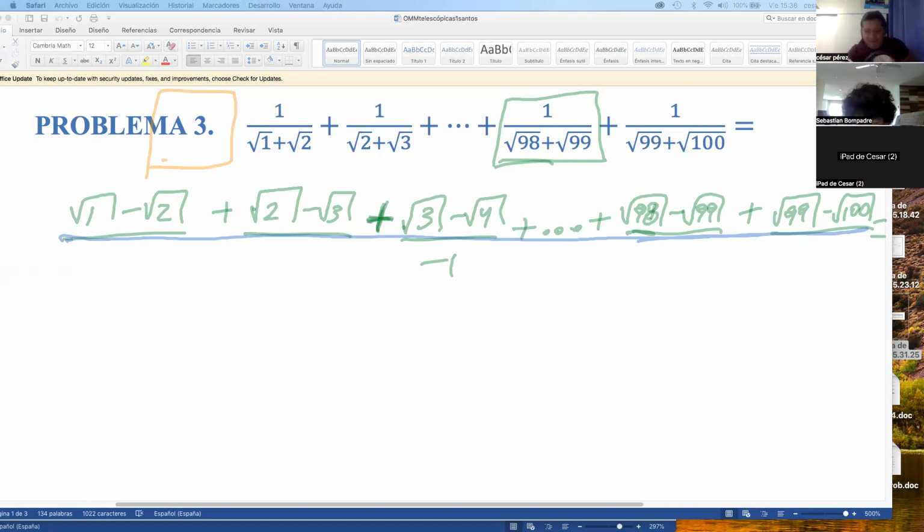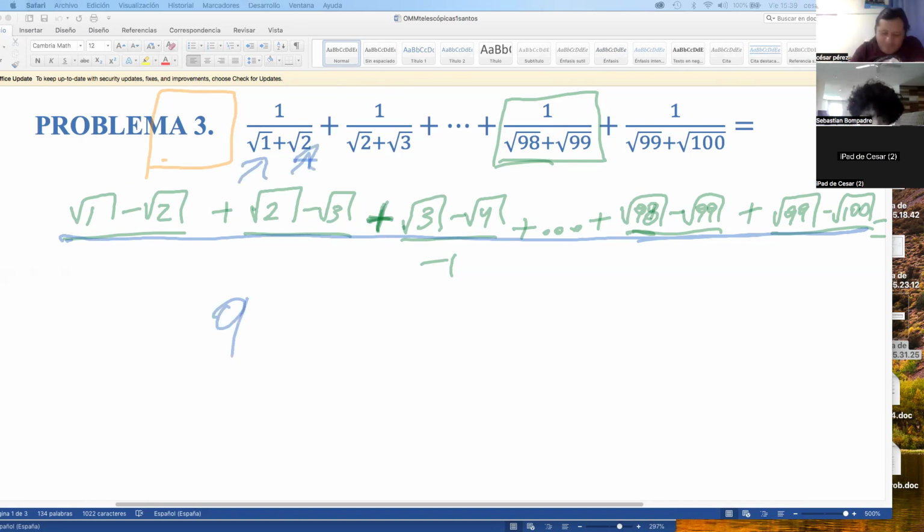When I was a kid, I found this problem and it was amazing for me. We only have square roots here and we get 9.